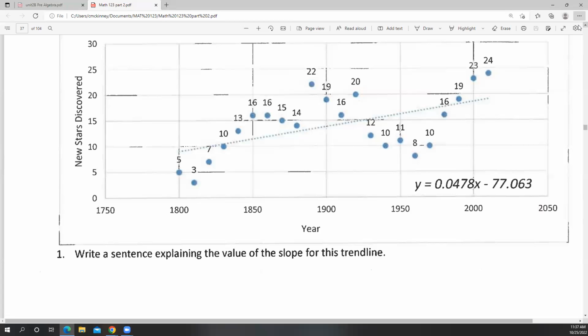So someone type in your calculator 0.0478 times 1,800 and then subtract 77.063.